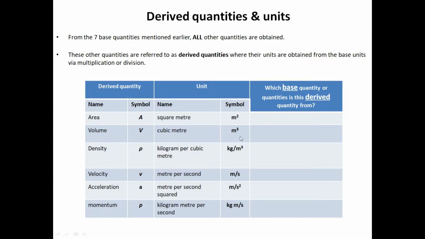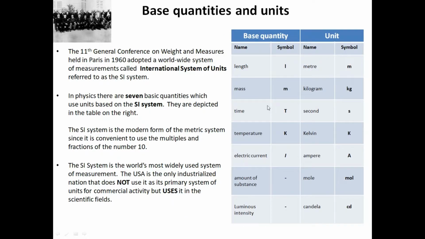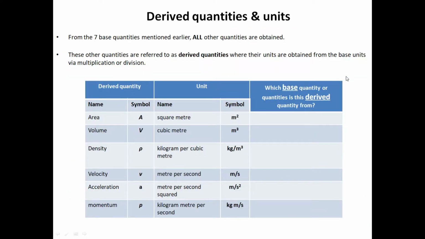And the same thing for volume is meters, so it's taken from length. See, I get mixed up easy. So area, which makes sense, because area is length times width. So it's taken from the base unit length. Volume is taken from the base unit length. Density is taken from the base unit of mass and length, because mass has SI units of kg.